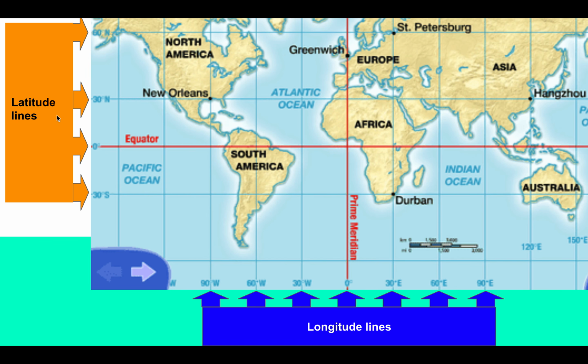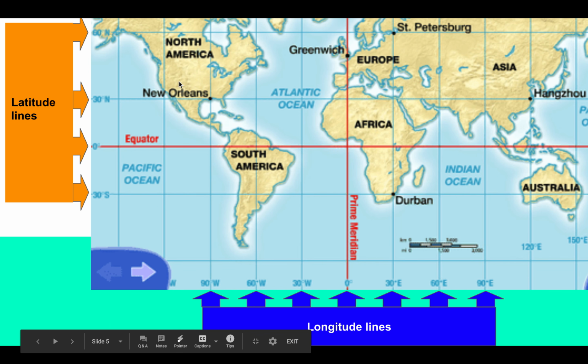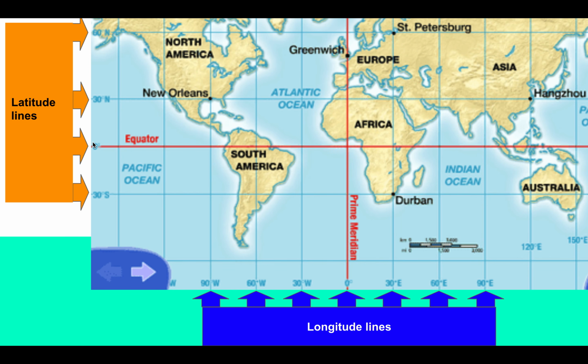So the purpose of latitude and longitude is for us humans to understand how to locate things. I'll get into the degrees next week as well, and we'll go deeper into how to locate places on the map with these lines.